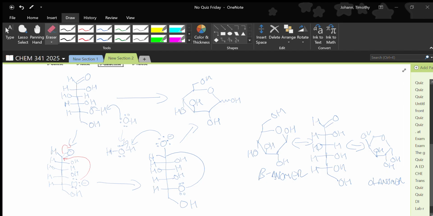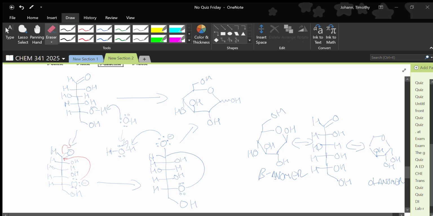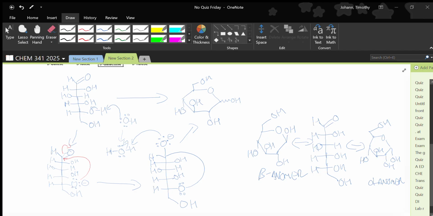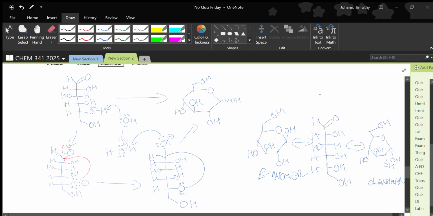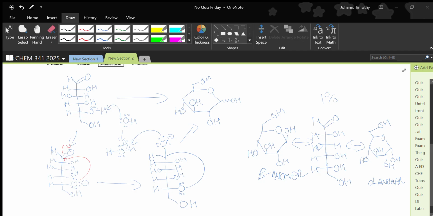Oops, that's galactose. Okay, does that make sense? So these things are in equilibrium all the time, and this is about 1%, and the other two add up to about 99% of the forms in solution.